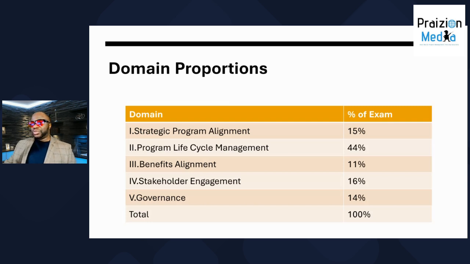Let's go over to domain two, program lifecycle management. This is a beast. It's 44% of your exam. There is a lot of content here. In fact, there is so much content here that I would rather show you the details in the document itself because it's huge.